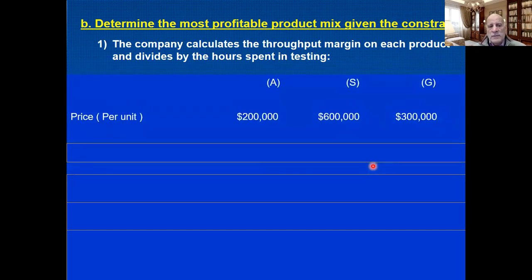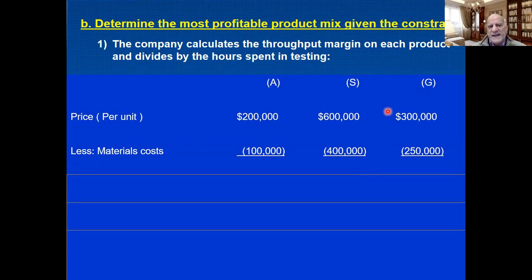As you see now, we assume that the price per unit for product A is $200,000, for product S it is $600,000, and for product G it is $300,000. This is the price per unit.